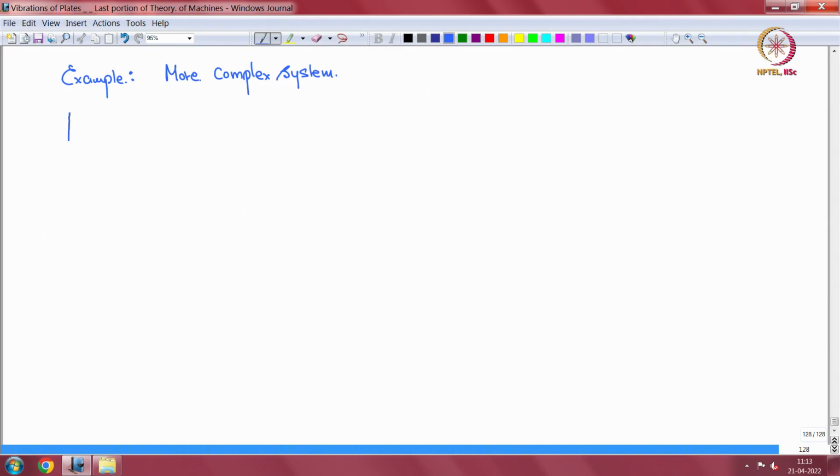So we have a cantilever beam still, okay, and let us say that is L, that is full L, let us suppose it is L over here. Okay.